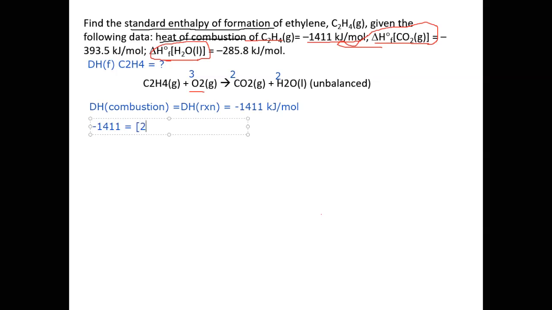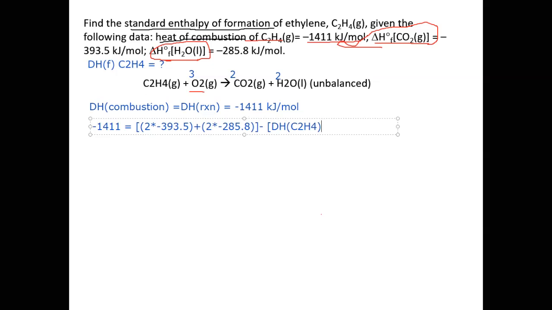So we have 2 times the heat of formation of CO2 gas, negative 393.5, plus 2 times negative 285.8, the heat of formation of steam, all of this minus the heat of formation of C2H4.